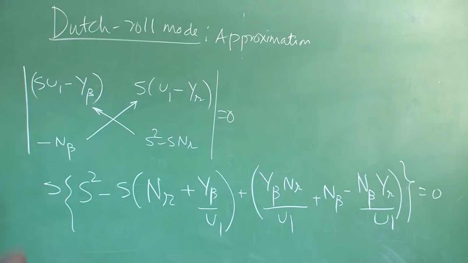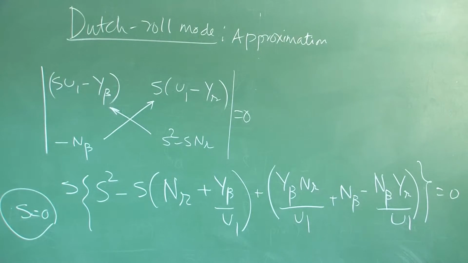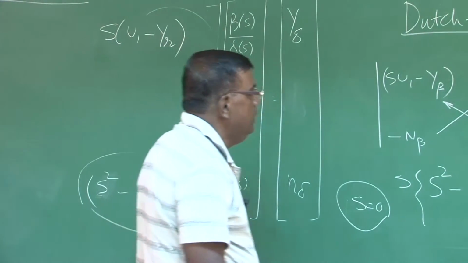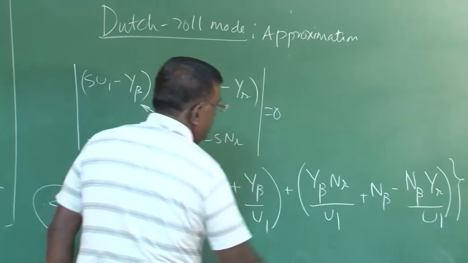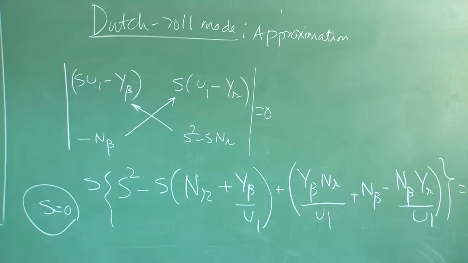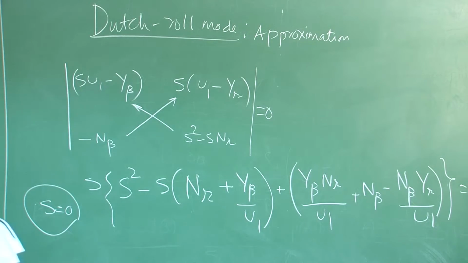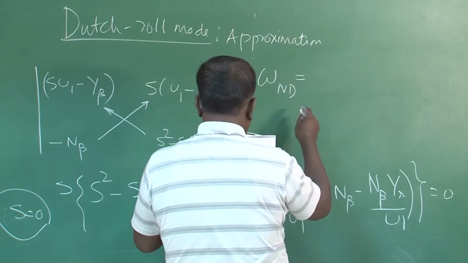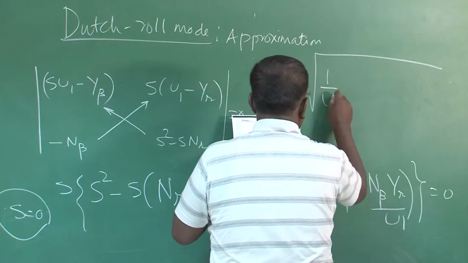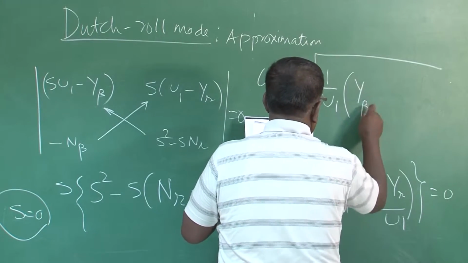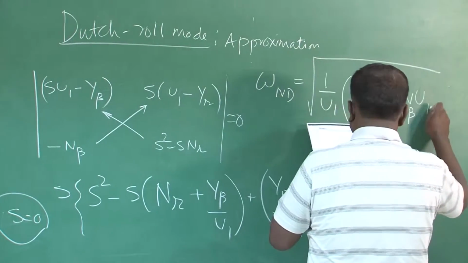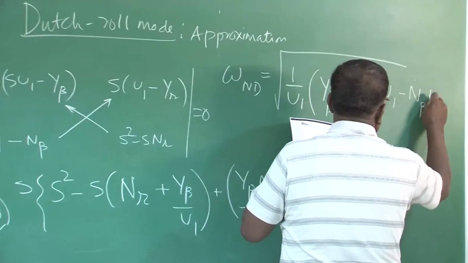This is again the characteristic equation for the Dutch roll mode approximation. Then you could see that s equal to 0 again belongs to neutral stability, because the yawing motion, psi this way, that way, is all aerodynamically similar, so we forget that. So we get again a second order equation of the form of a mass spring damper system. So you can easily use this and write omega n Dutch roll as 1 by U1 into Y beta NR plus N beta U1 minus N beta NR.